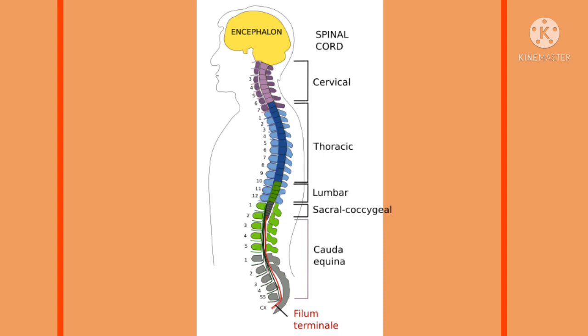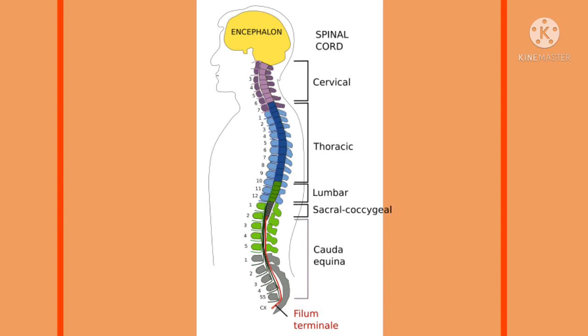It starts from the lower end of the medulla oblongata and ends at the first lumbar vertebra. The posterior-most region of the spinal cord tapers into a thin, fibrous, thread-like structure called filum terminale.